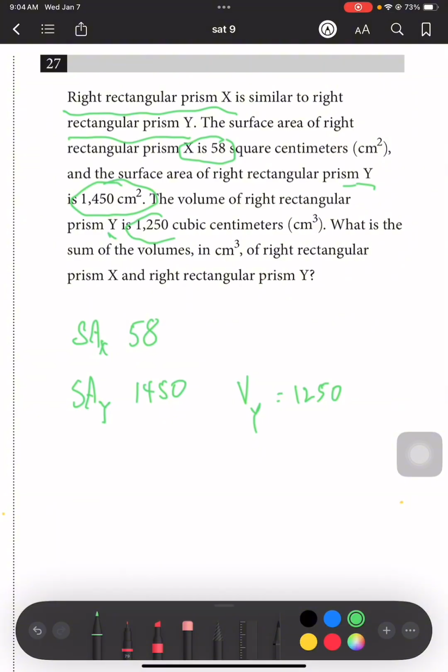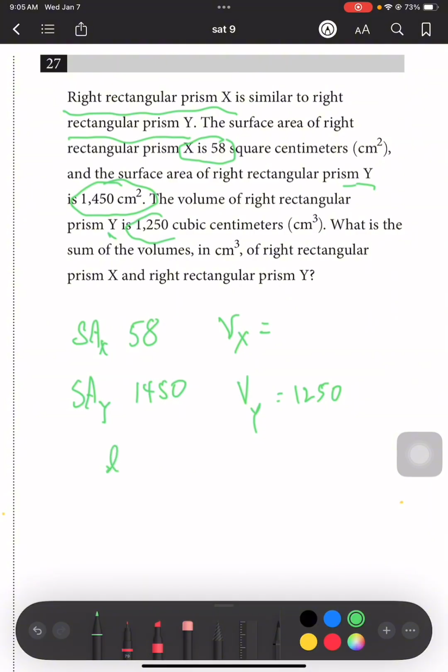What is the sum of the volumes of right rectangular x and right rectangular y? Okay, so we would find this one, then we add up the answers. It's a rectangular prism, so length times width times height.